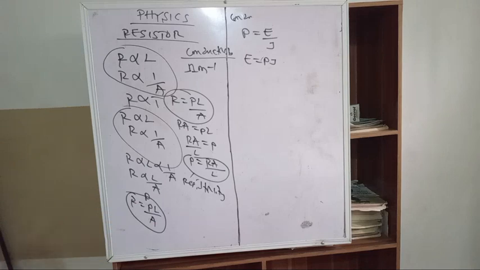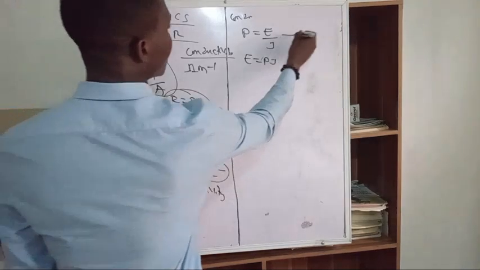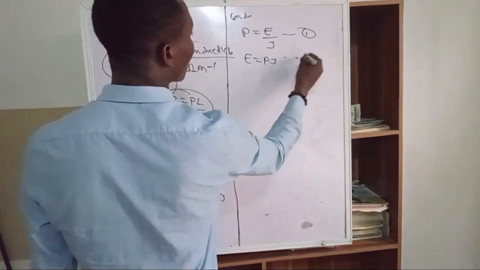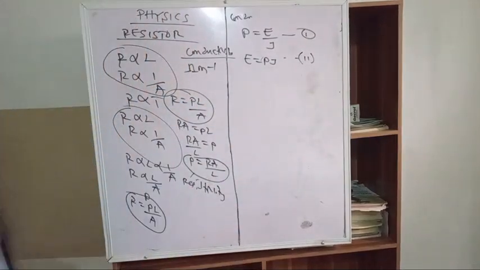We can use this as equation 1, and resistivity equal to electric intensity over current density as equation 2.